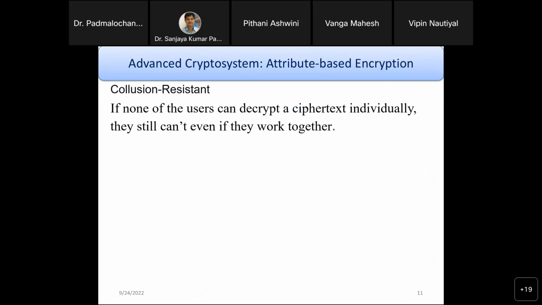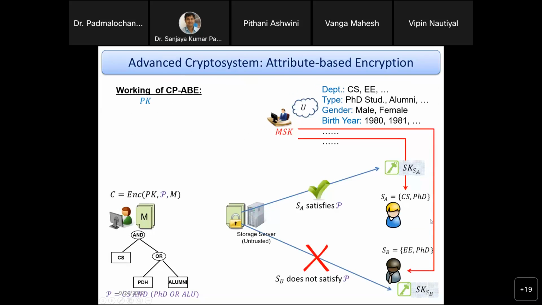collusion resistance. If none of the users can decrypt a ciphertext individually, they still cannot even if they work together. So what does it mean? Let's say SKSB and SKSA, these two together.